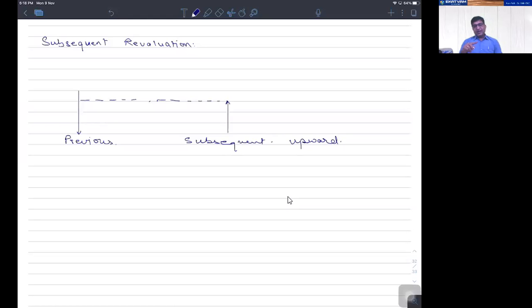But previously you had done the downward revaluation, now you are doing the upward revaluation, but that upward revaluation is less than the previous downward revaluation.